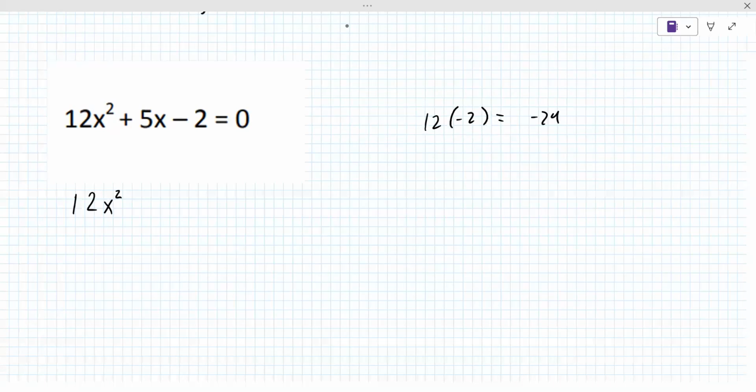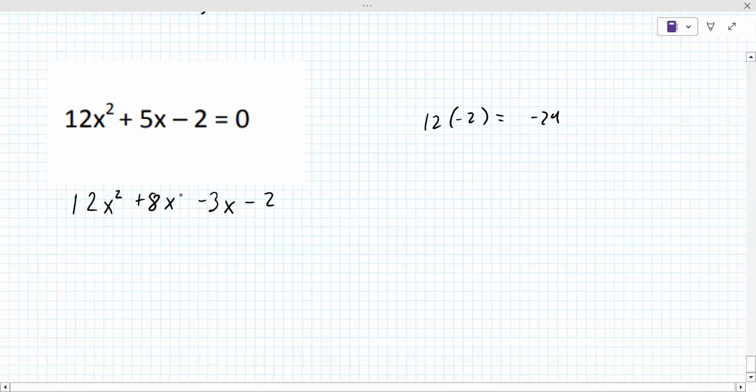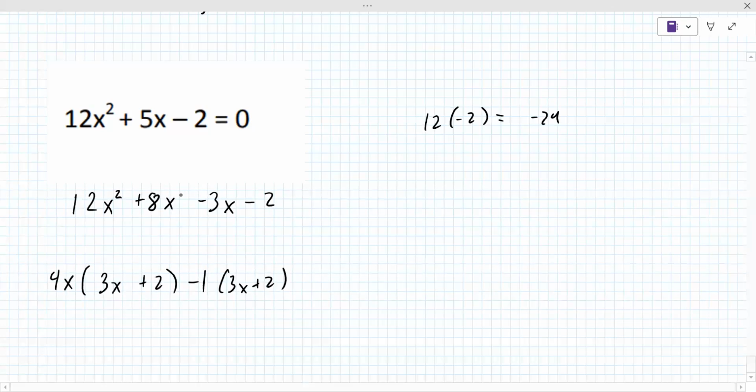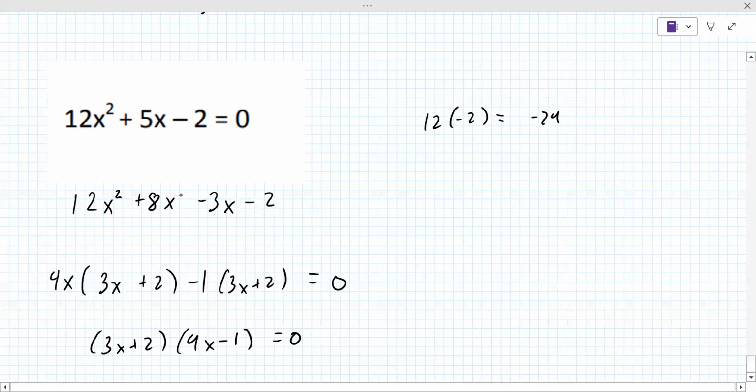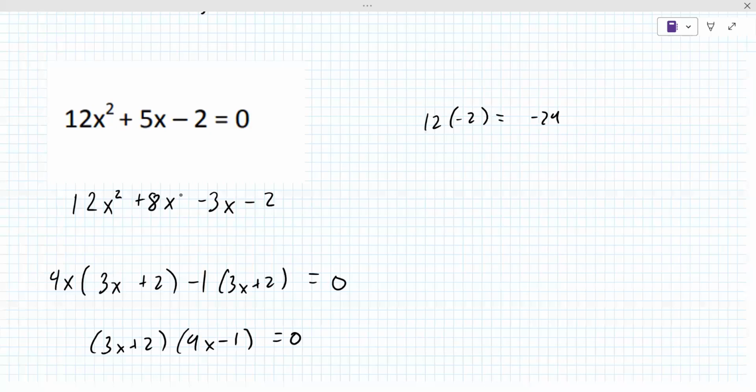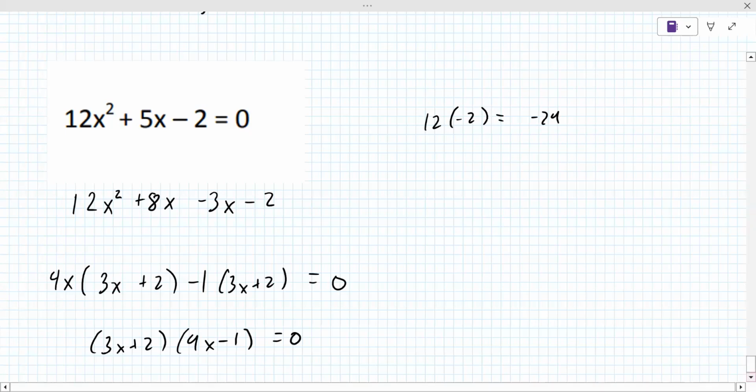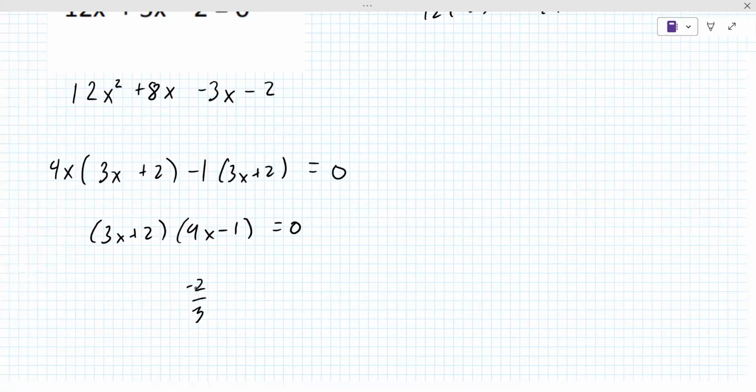You get 4x minus 1, or -4x plus 1. -4x plus 1. And then it'd be -2. So -3x minus 2 and -4x plus 1. So then you get -2/3 and 1/4. You got it. Really good. Well done. That's a tough one.